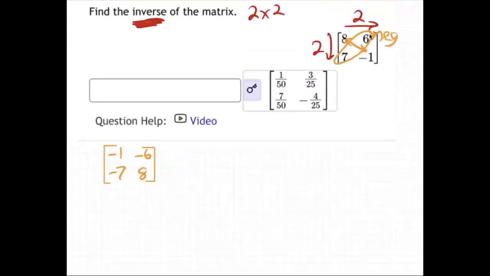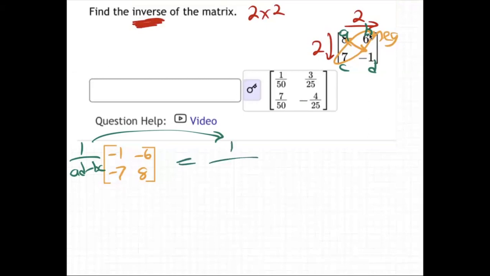So you put in the front 1 over, here I'll just write AD minus BC, and then we'll figure out what that is. This is A, B, C, and D. So this is 1 over AD. So 8 times -1 minus BC, 6 times 7.